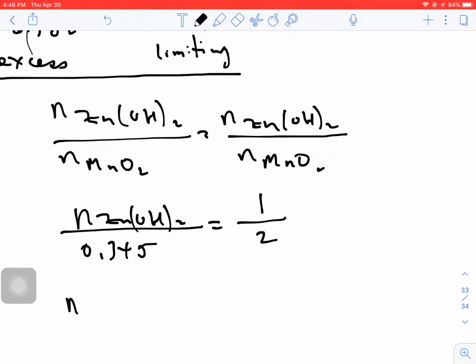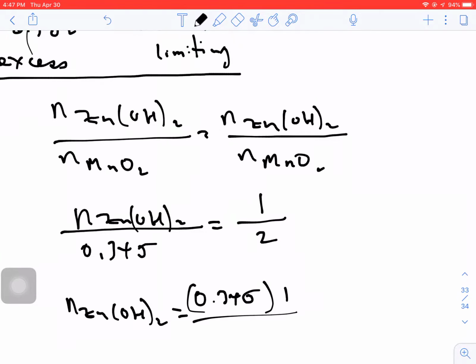Number of moles of zinc hydroxide equals 0.345 times 1 divided by 2. And my answer comes out to be 0.173 moles.